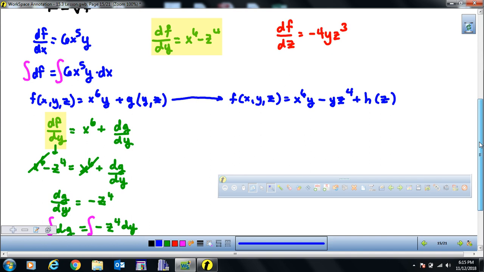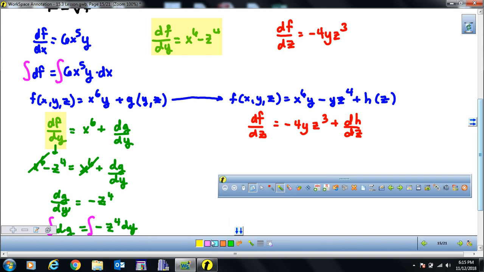How do we finalize this? Now we're going to use the third condition. To find this function, if it's a function of z or a constant, use the third condition. Get the derivative of this potential function with respect to z. The derivative of this with respect to z is 0. The derivative of this with respect to z would be negative 4yz to the 3rd, and the derivative of h with respect to z would be dh over dz.